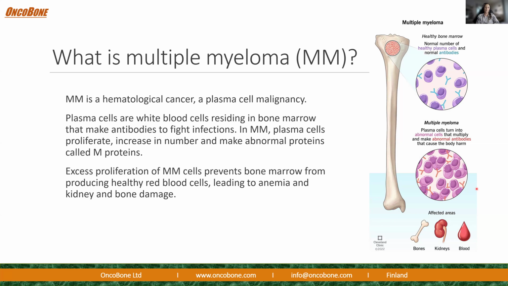As multiple myeloma is a disease originating from the bone marrow, it has many harmful effects on the bone, but it also affects other organs like the kidneys and, for example, blood, especially in the sense that multiple myeloma in the bone marrow prevents the normal production of red blood cells, and this leads to anemia and tiredness, which is one of the symptoms of multiple myeloma.